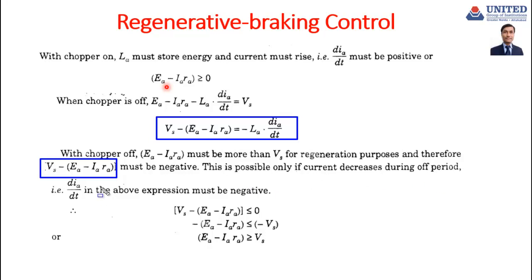That is, the rate of change of armature current must be negative. So Vs minus Ea plus IaRa must be less than or equal to 0. We can write here Ea minus IaRa must be greater than or equal to Vs.